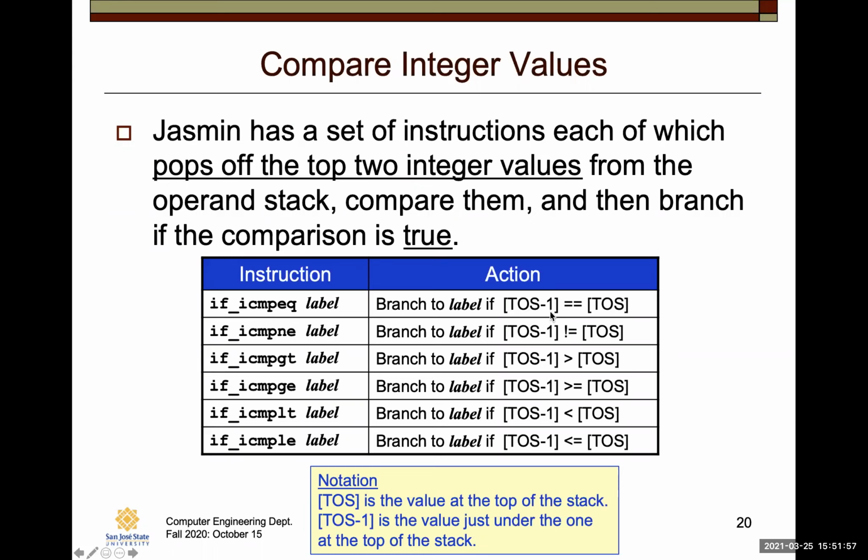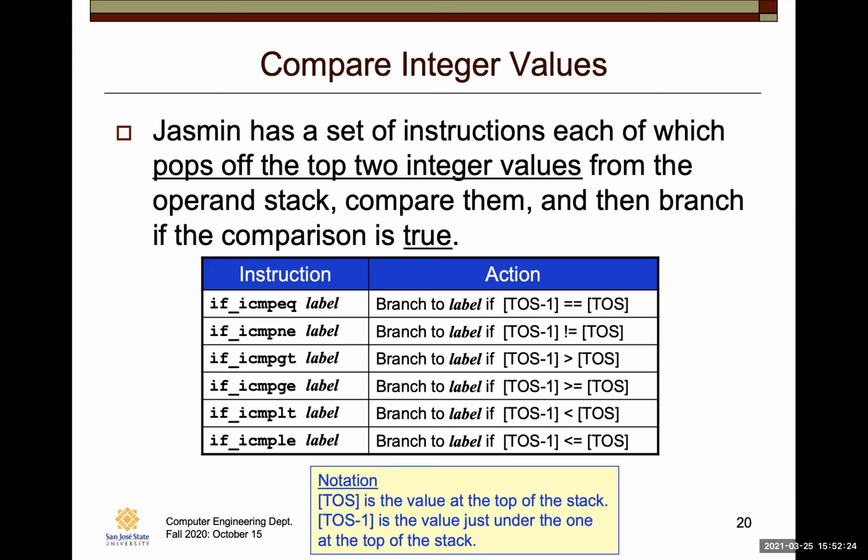And then TOS minus 1 is the value that is second from the top of the stack. And so here we're doing the comparison between those 2 values. Now you've got to be careful that you get the order right. For equality or inequality it doesn't matter, but for the greater thans and less thans, you better make sure you're comparing them in the right order.